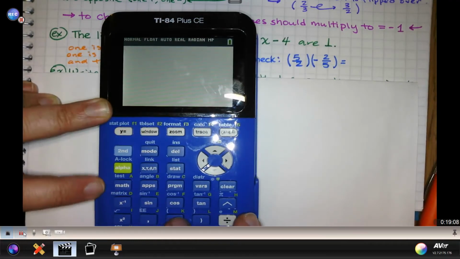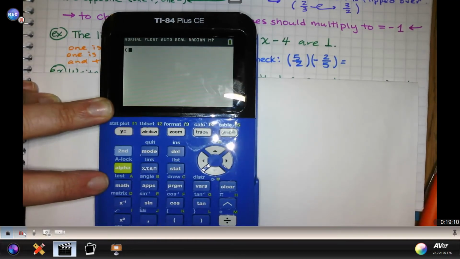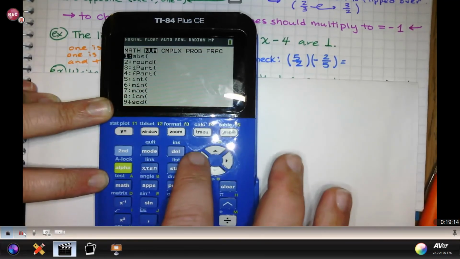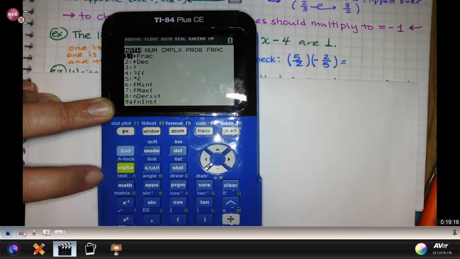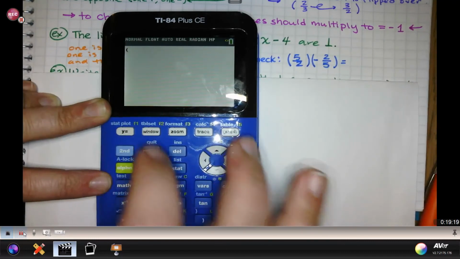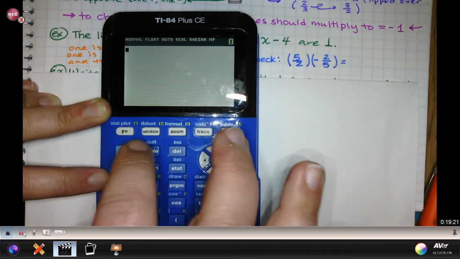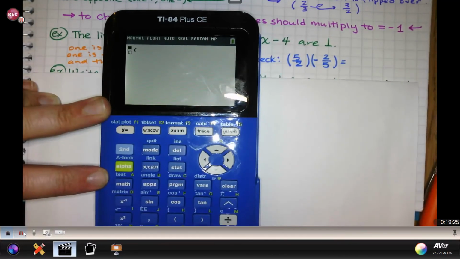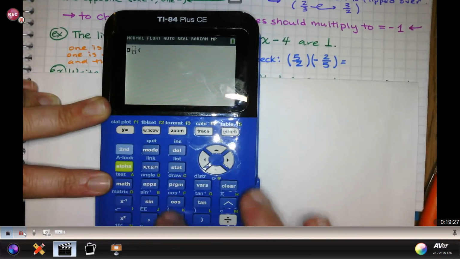So my first one is math fraction, nope. It's been a hot minute since I've done how to do it into a calculator. There we go. Whoopsie daisies, I did not get it in the fraction. There we go.